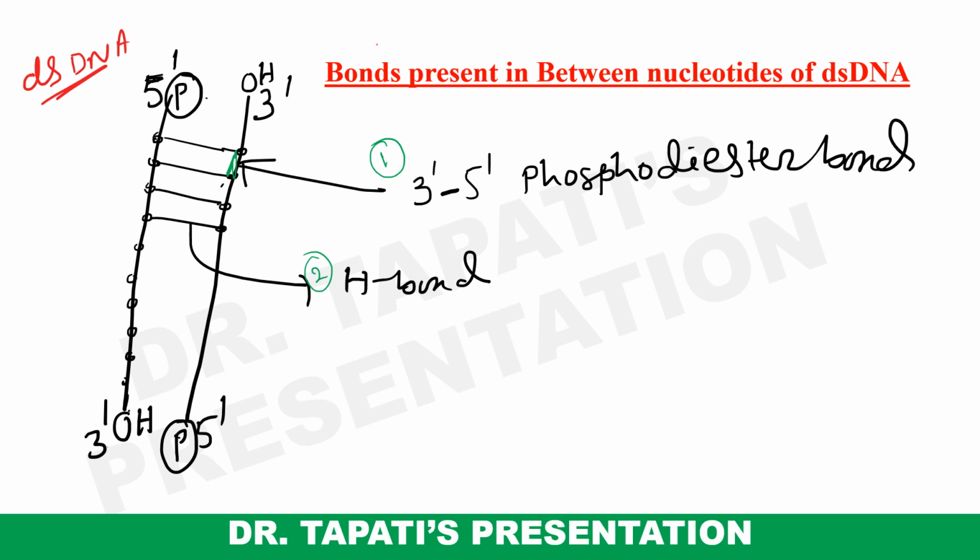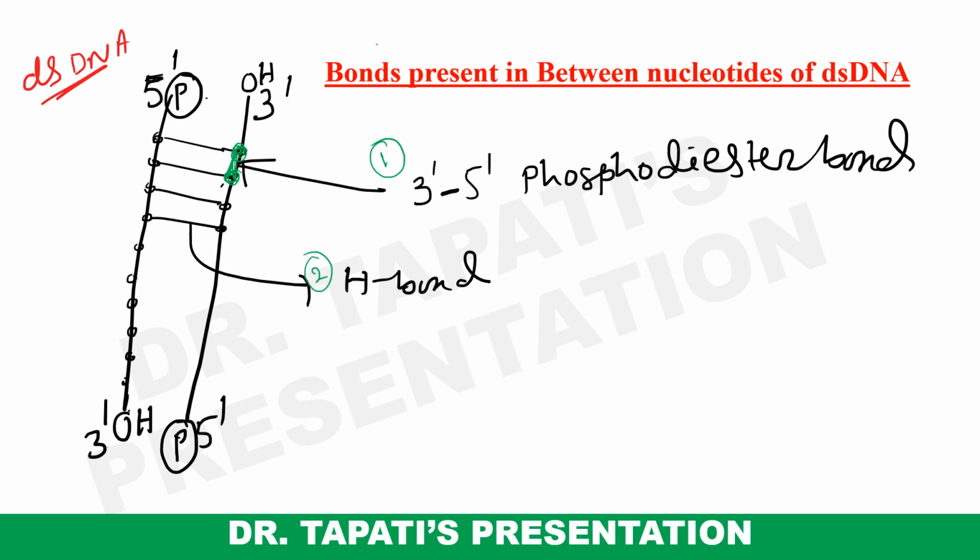Already I have shown that in my previous slides. The phosphate group forms a bridge between two sugar molecules, creating a strong and stable chain. This 3' 5' phosphodiester bond is present in a single strand of the DNA. So between two nucleotides side by side, the bond present is the 3' 5' phosphodiester bond.